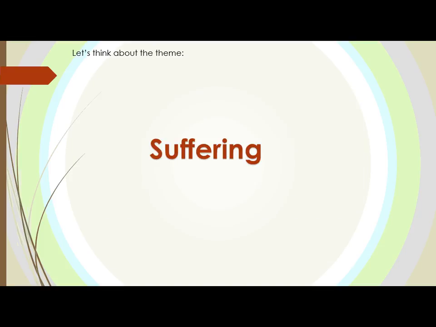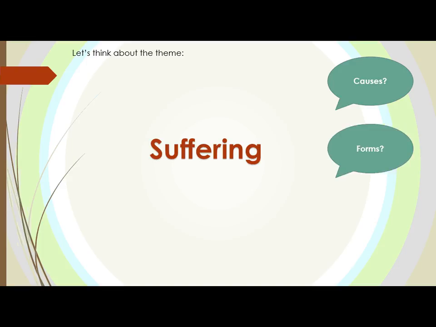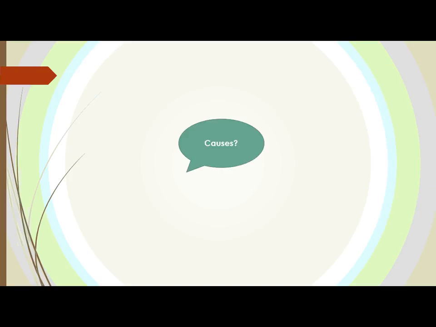So let's think about the theme, suffering. 3 key areas to think about: causes of suffering, forms of suffering, impacts of suffering. Firstly, causes. So you can think about ideas such as naivety causing suffering. Is it irresponsibility that causes suffering?